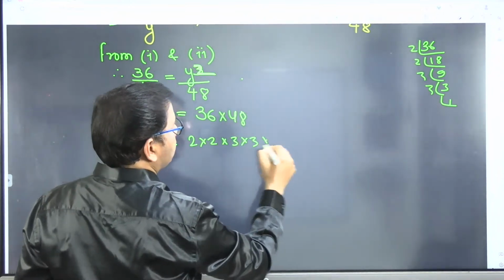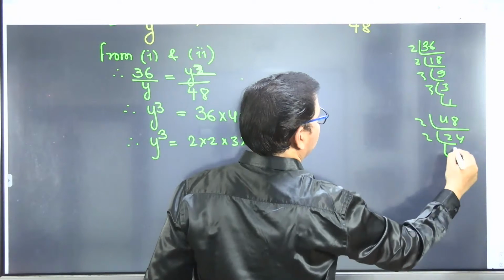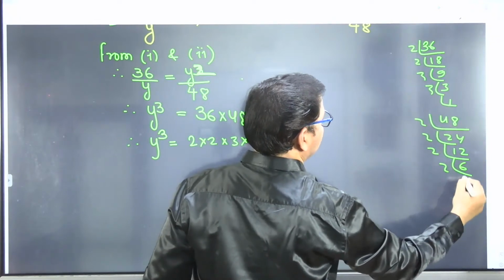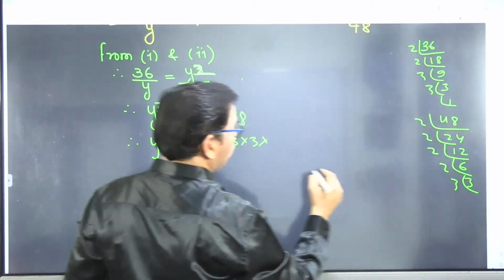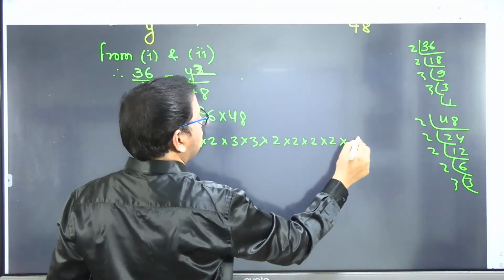And what about 48? 2 into 24, 2 into 12, 2 into 6, 2 into 3, 3 into 1. So 2 how many times? 4 times. 1, 2, 3, 4, and 3 once.